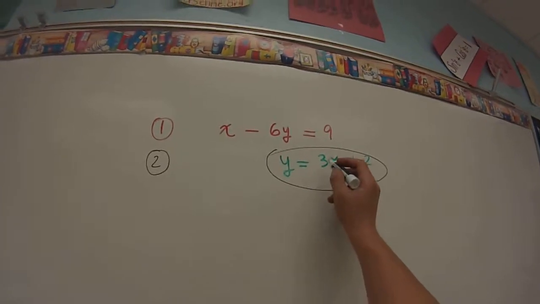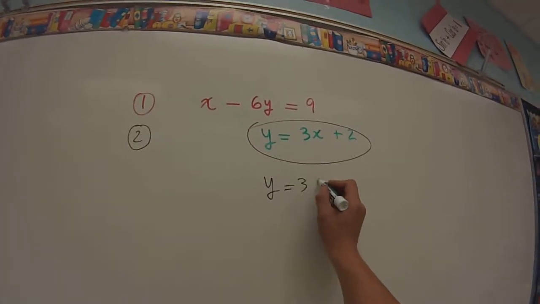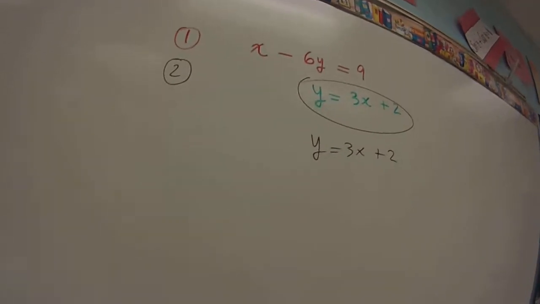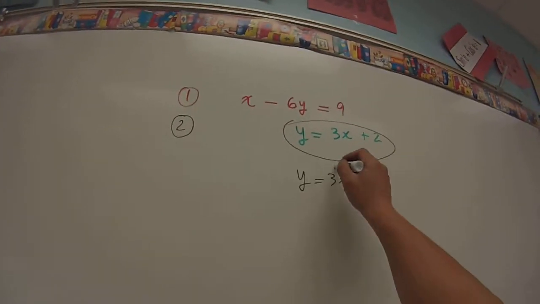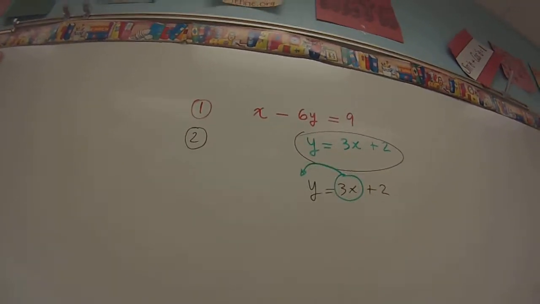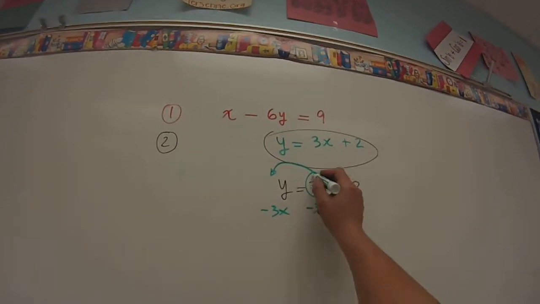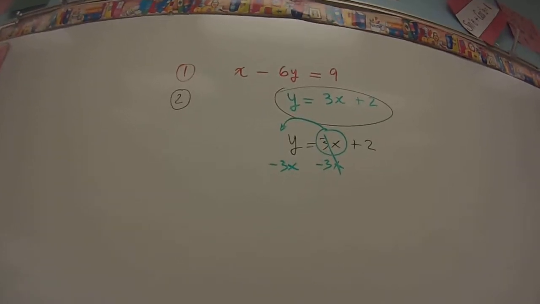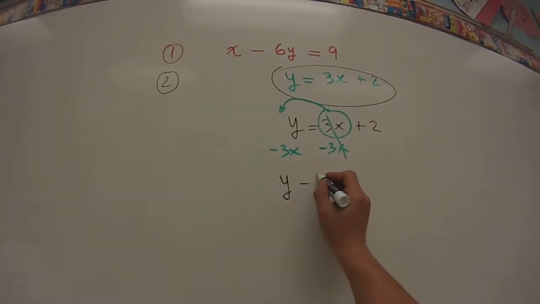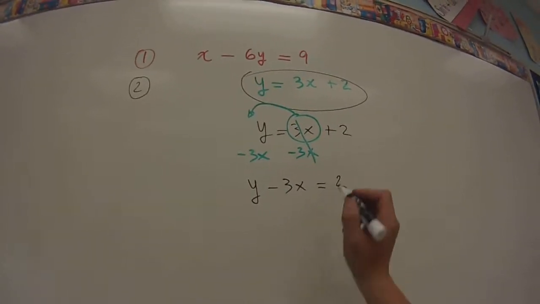So I write y equals 3x plus 2. That's a positive 3x, which I need to bring to this side. So I take it away, minus 3x from both sides. This cancels out. Now you have y minus 3x equals positive 2.